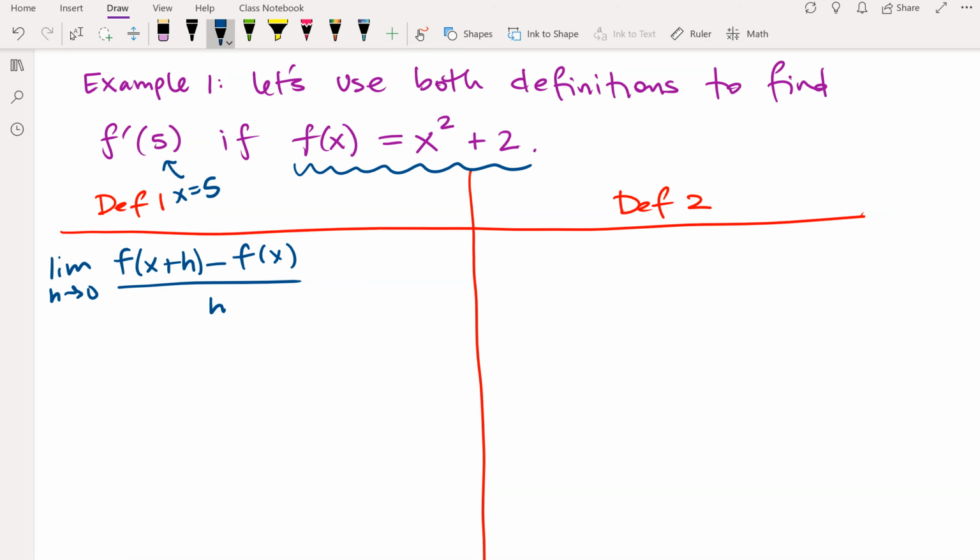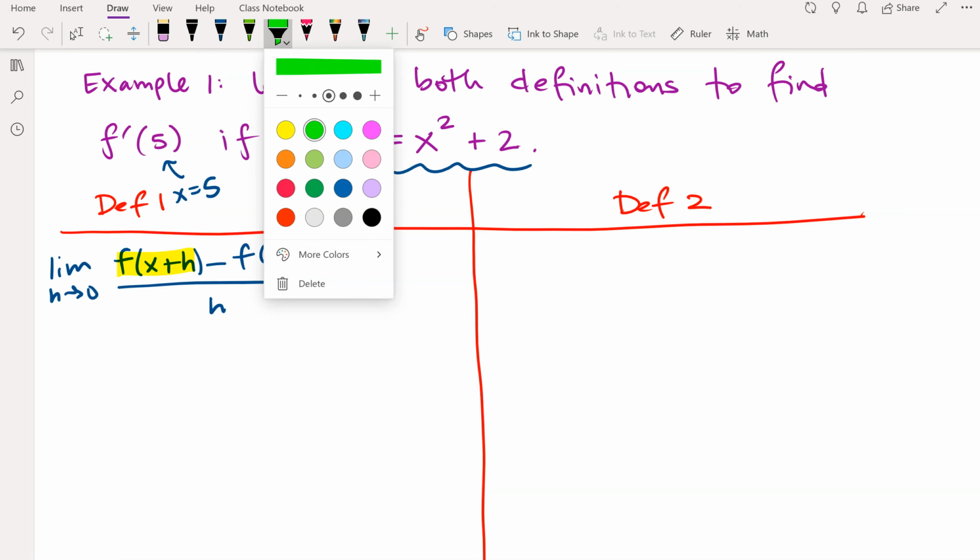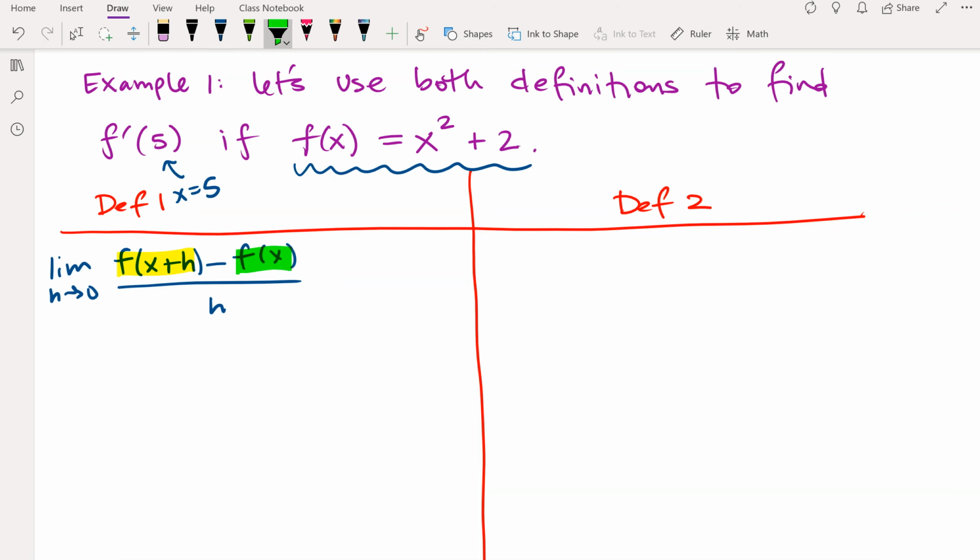So the first thing I like to do is break down these two pieces: f of x plus h, and then f of x. f of x plus h means take x plus h and plug it in where you see an x. So we're plugging in x plus h everywhere we see an x. So we see x plus h squared plus 2. Let's simplify it because we're going to need to.